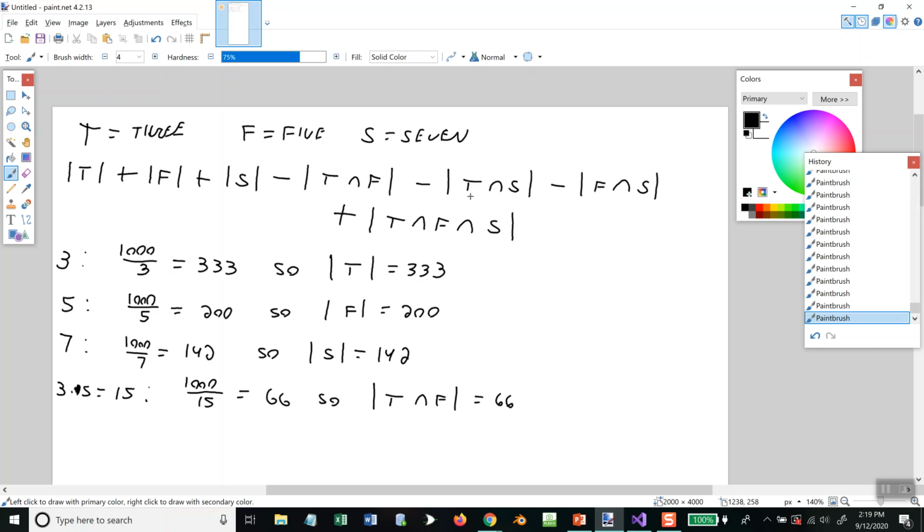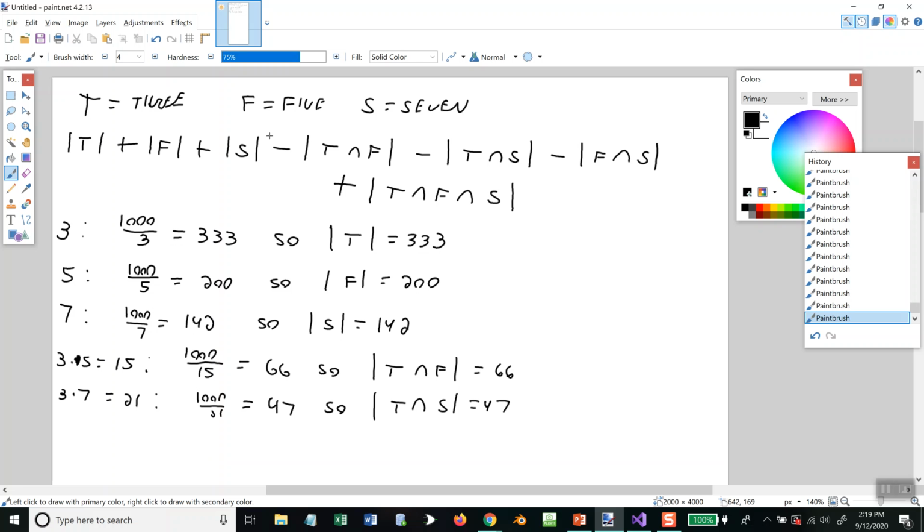Now my next one is T, which is 3, and S, which is 7, 3 times 7. That gives us 21. And then we do the same thing. We take 1,000 divided by 21. In the previous problem, I show why this works, so I won't explore that here. So that's 47. So the cardinality of T and S is equal to 47.